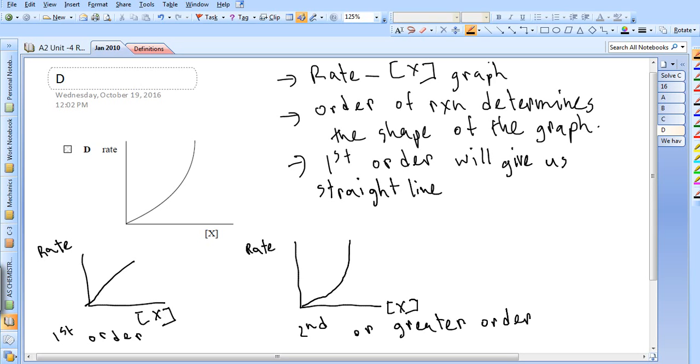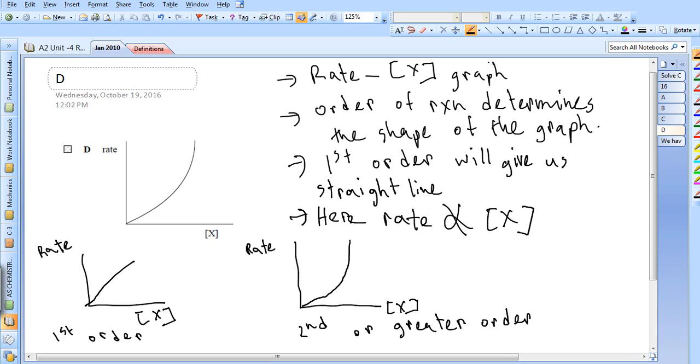Here, rate is not proportional to the concentration of X. We also know that for first order, rate is proportional to concentration of X. Since here the rate is not directly proportional to X, we can confidently say that this is not first order.